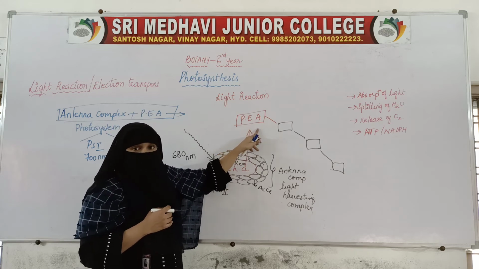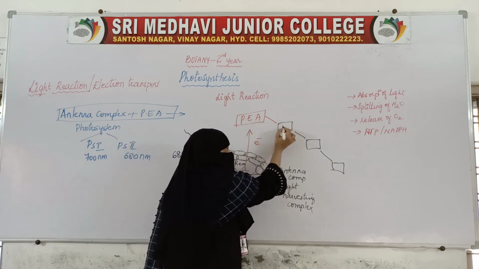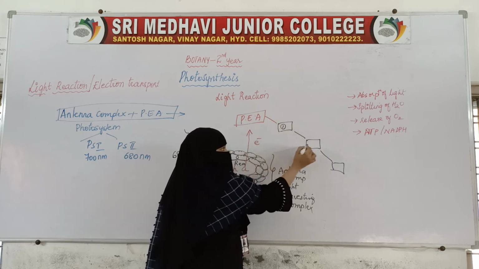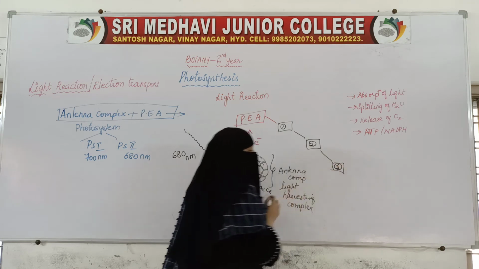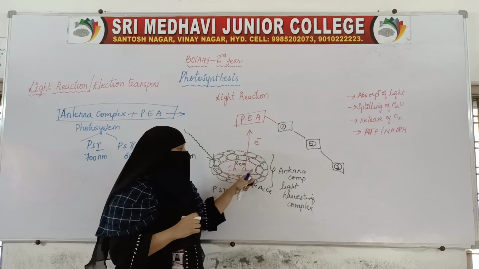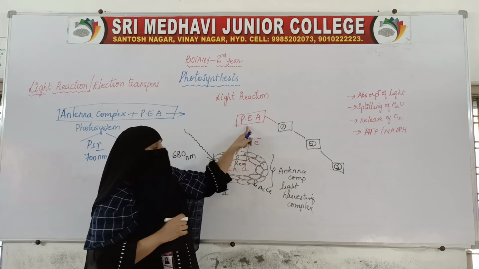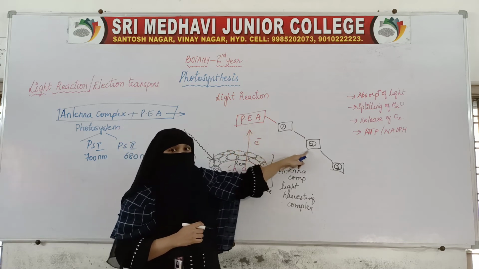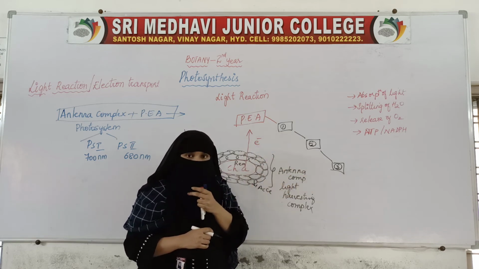From that primary electron acceptor, it passes the electron to another electron acceptor, and from there to another, and another. So like this, the electron which has been ejected by the chlorophyll, and accepted first by the primary electron acceptor, moves on to different electron acceptors.